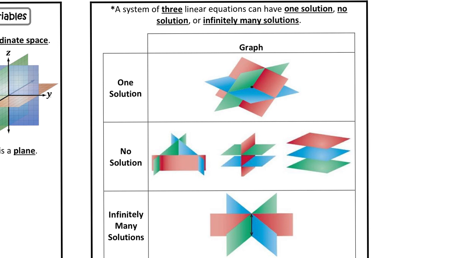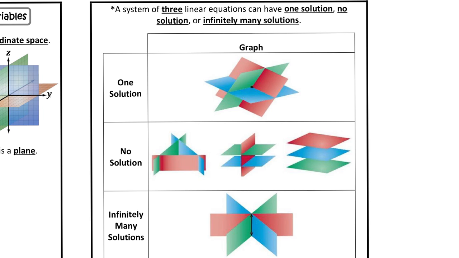Okay, so this is just a visual representation. We're going to focus more in this class on the solving equation part, but I just wanted to show you, if you look online and want to research what the different solutions look like, if I have one solution, that means it's that point right there in the center, because that's the point where all three colors meet.